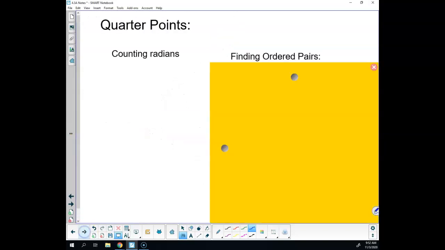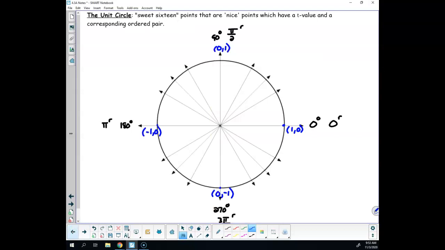Now, let's go to the quarter points. Okay. So if I go back here one slide, the quarter points would be, we'll go green.